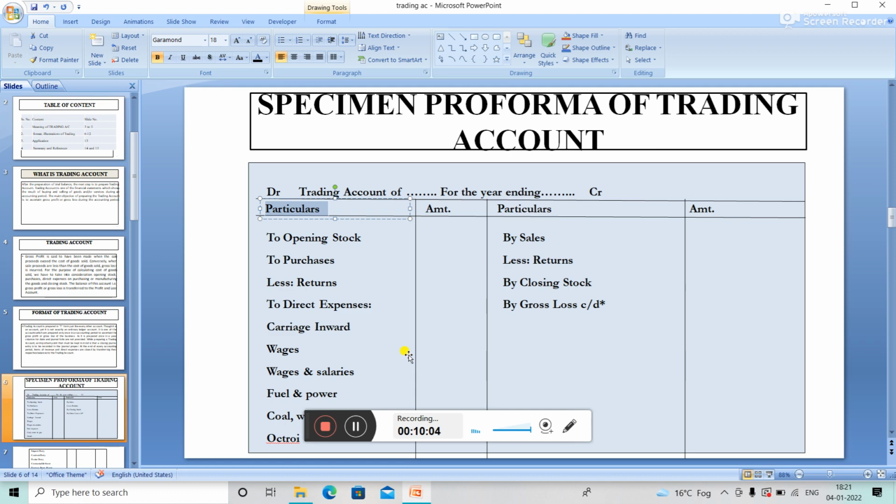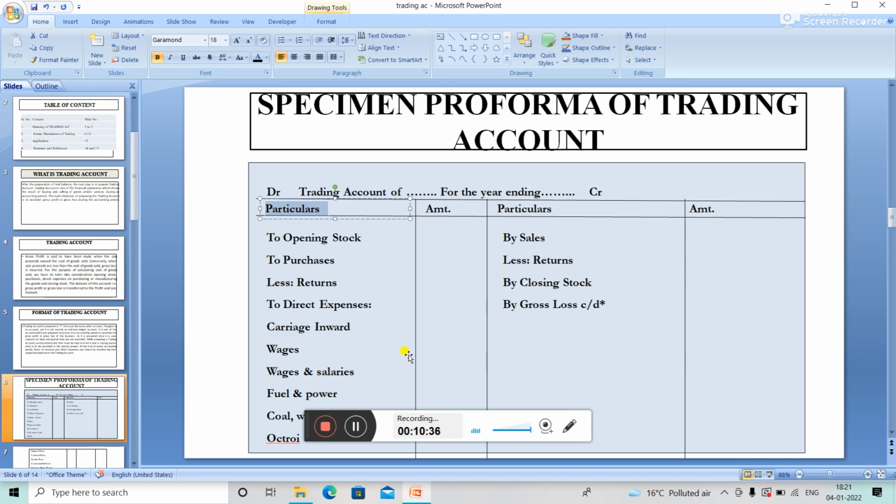For example, if the closing stock for the last financial year, 2019-20, is 50,000, then this 50,000 will be the opening stock for the next financial year, 2021. I hope this is clear. Opening stock can include different types of stock, like opening stock of raw material, opening stock of semi-finished goods, and opening stock of finished goods.